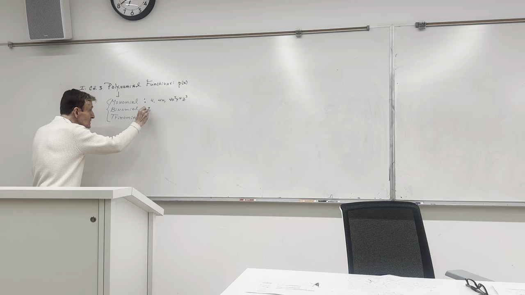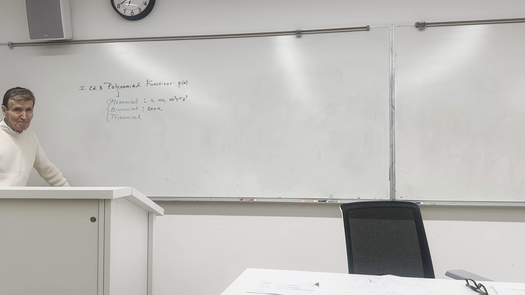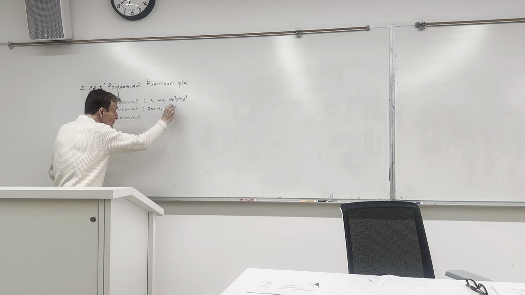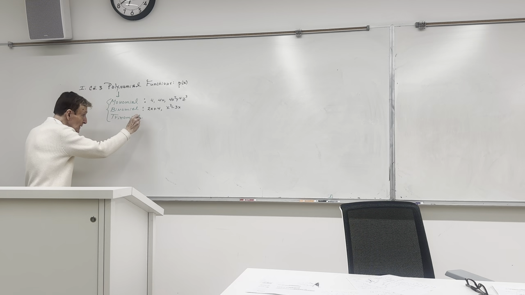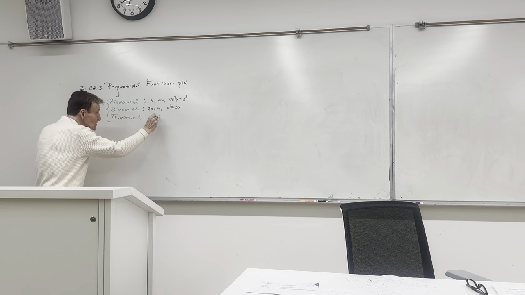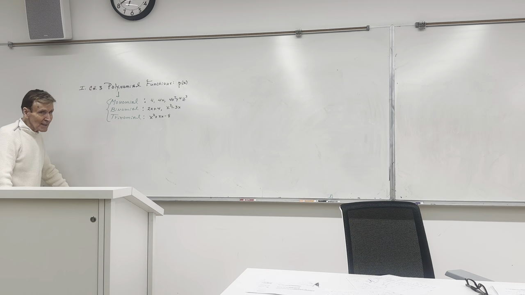Binomial, 2x plus 4. That's a binomial. Or x squared, subtract 3x. Binomial. Trinomial, 3 terms. Easily done. X squared plus 2x minus 8. That's 3 separate terms. Then we go further, 4 terms, 5 terms, 6 terms.